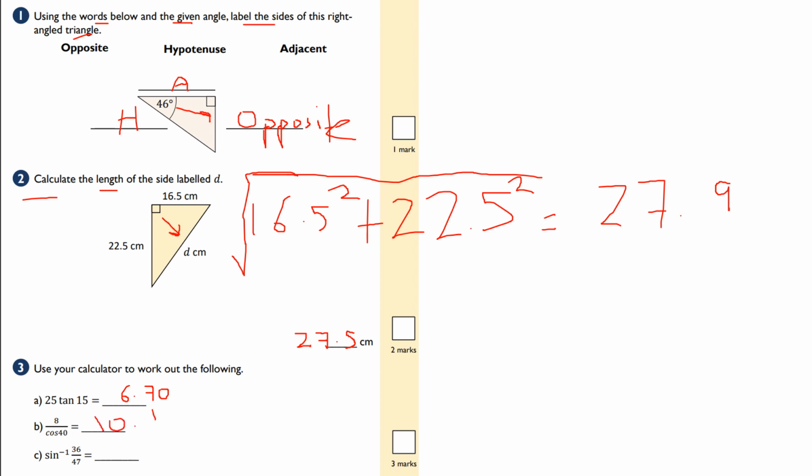And then lastly, sine to the minus 1 of 36 over 47. So we press shift and then sine, and then type in 36 divided by 47.